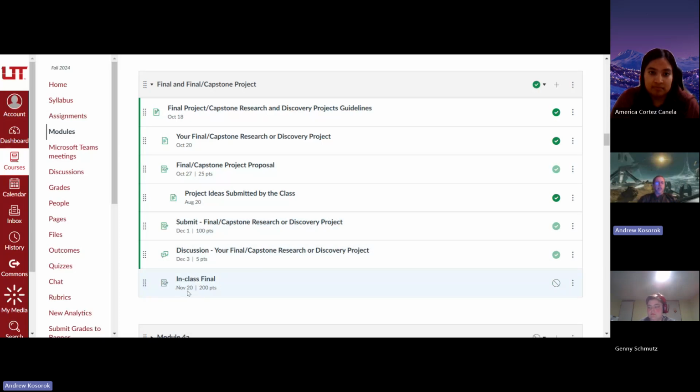And don't pay attention to the due date on this. What it's actually going to be is due on December 13th. With the in-class final, you can't see it yet because it hasn't been published yet. I will publish it on the first day of finals, and it will be due by midnight on the last day of finals. The department mandate is that all of us are required to administer a final of some sort.